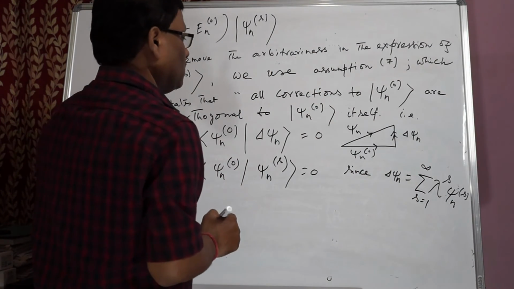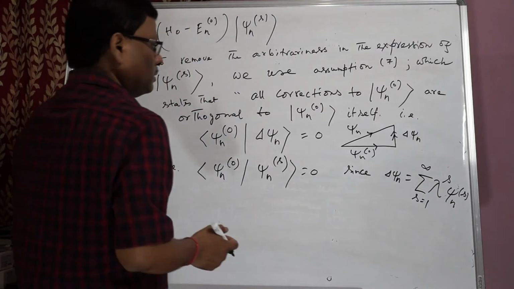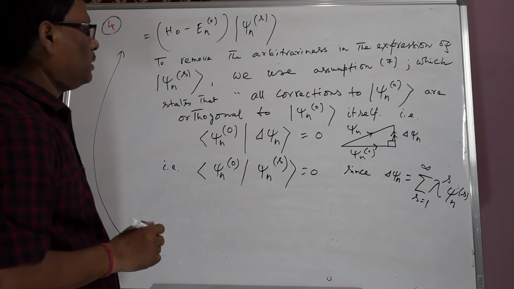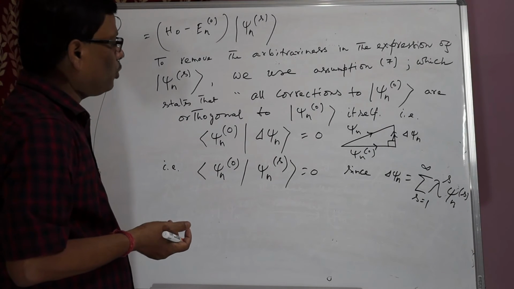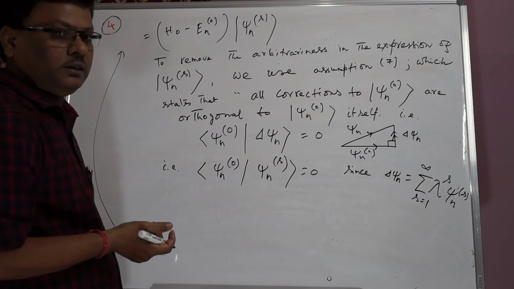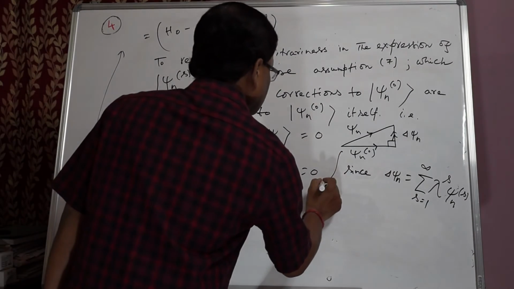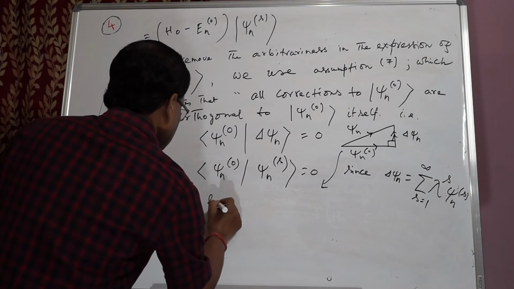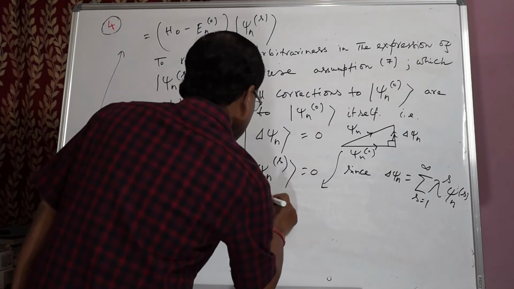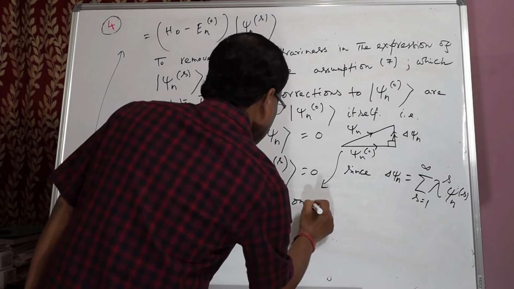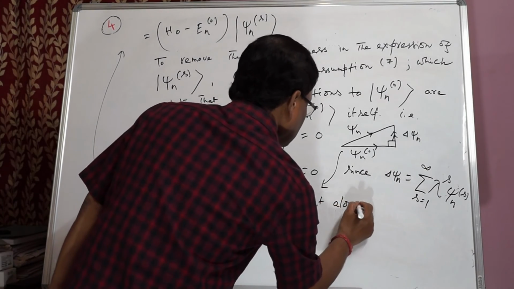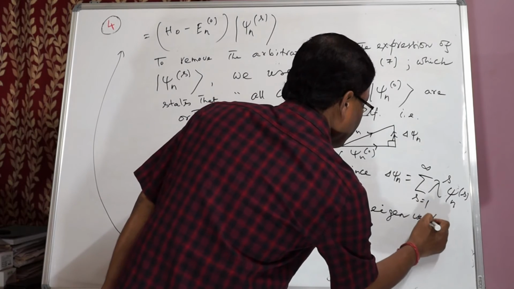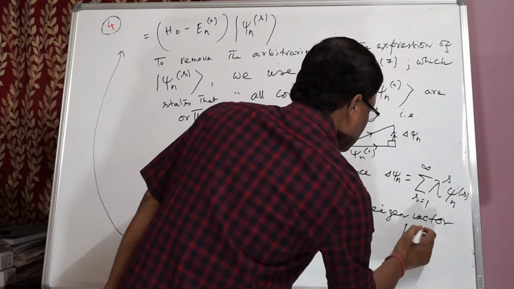So from this expression, we can tell that since this is orthogonal, del psi n has no component along psi n0. That means del psi n has no component along the eigenvector psi n0 or vice versa.